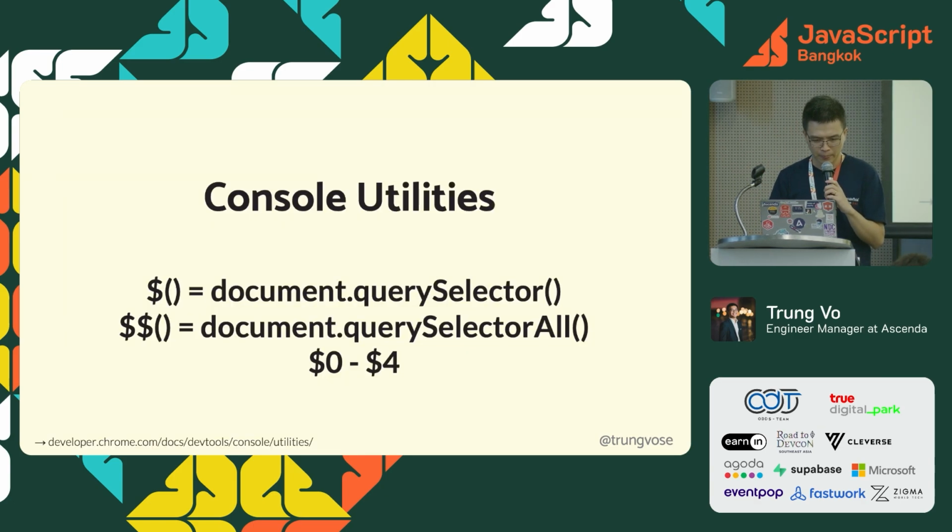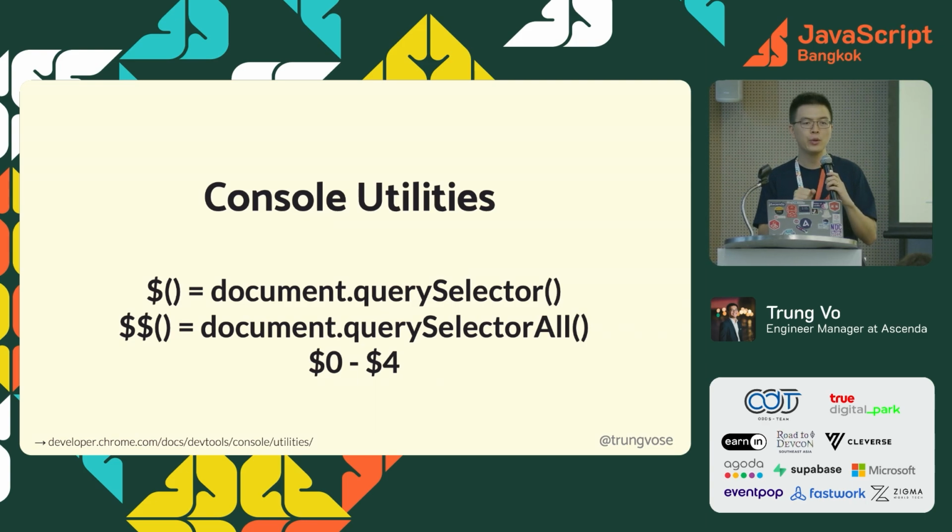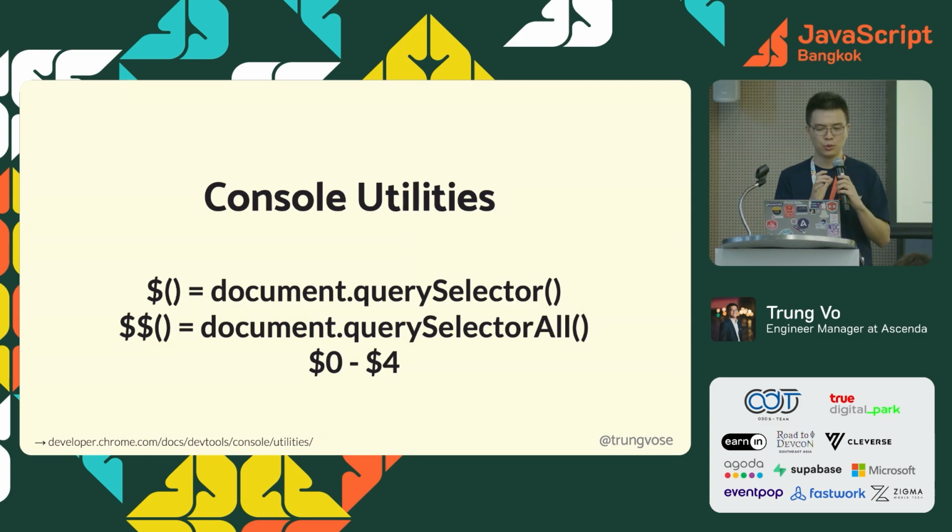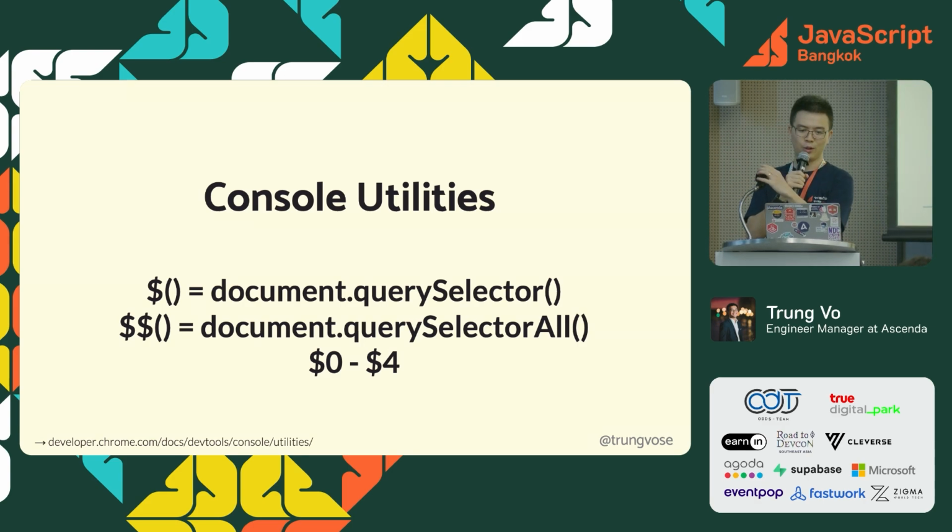Next thing is more interesting, I think, which is the utility built into Chrome, where usually you need to do document.querySelector, and now you just use the $ sign, inspired by jQuery, absolutely. So maybe we can see it in the code easier.